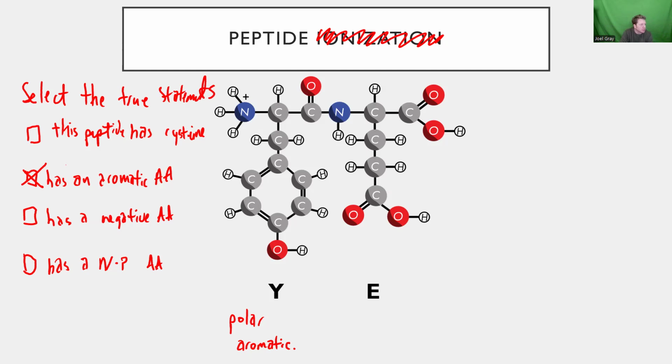The next prompt is, has a negative amino acid. True or false? True. Absolutely right, Chris. And then last but not least, has a non-polar amino acid. We're going to go with false on that one, because tyrosine, which we have here, is polar, and then E is going to be a polar negative.